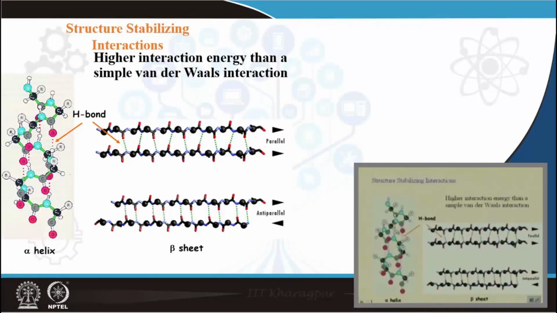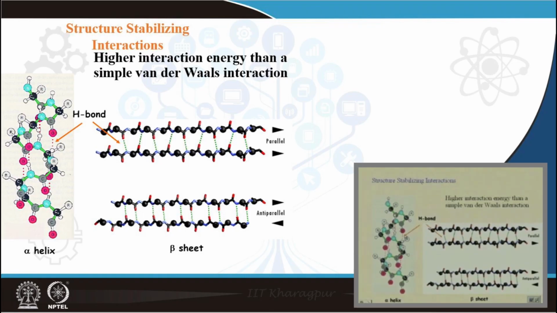Now, if we look at the hydrogen bond once more and see how it stabilizes the interactions, for example, in alpha helices and beta sheets, you now recognize that we do have a lot of hydrogen bonds here, and what happens is the accumulation of these hydrogen bonds renders a large amount of stability to the protein.